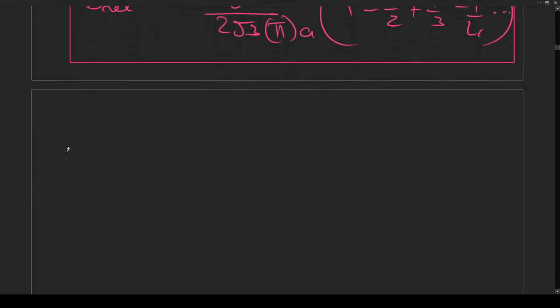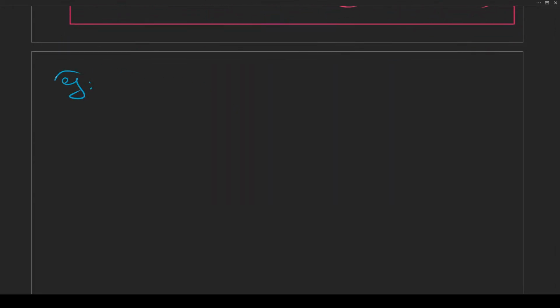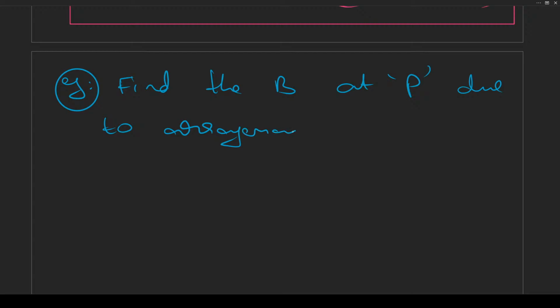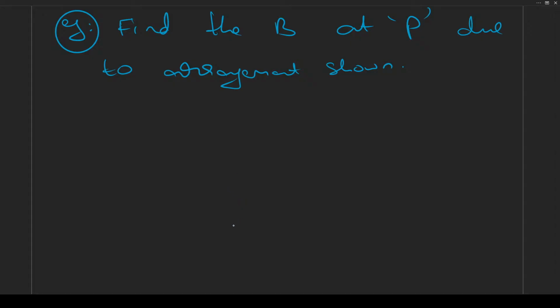Let's go to the next question. Find the magnetic field at P due to the arrangement shown. This is the arrangement, 90 degrees.